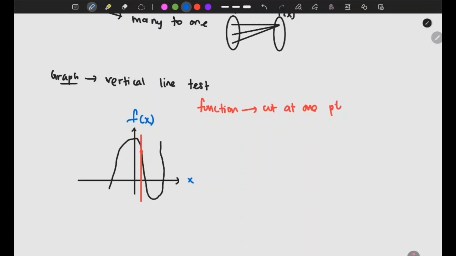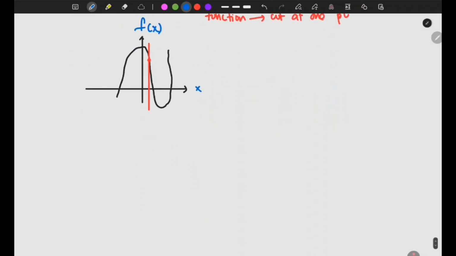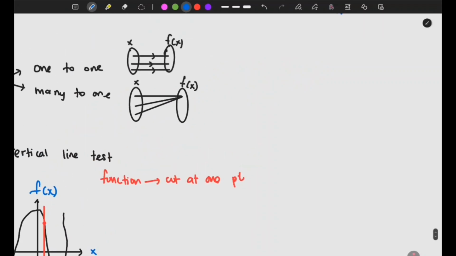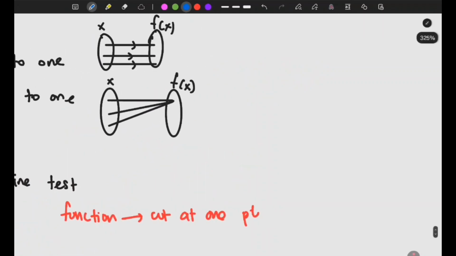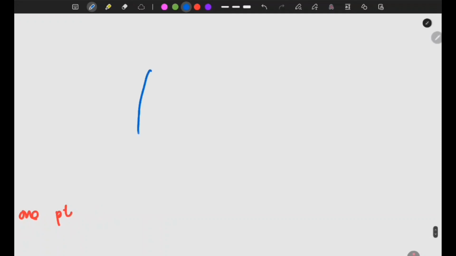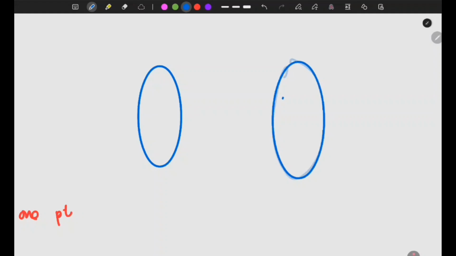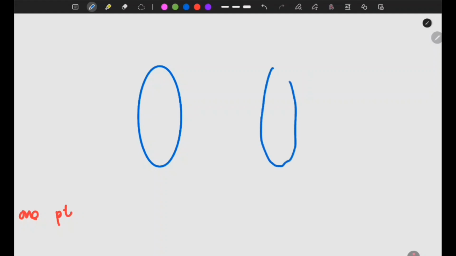And I also taught you the arrow diagram and what other names they will use. For example, x, fx, they also call this x, fx.